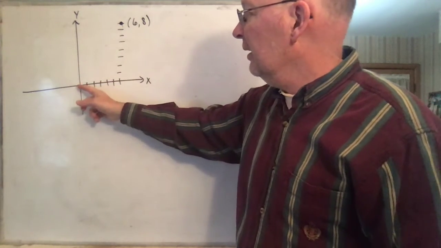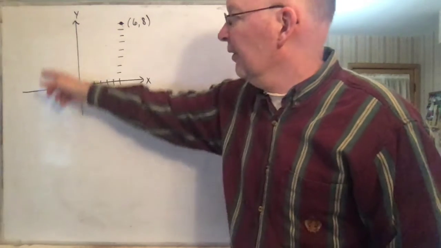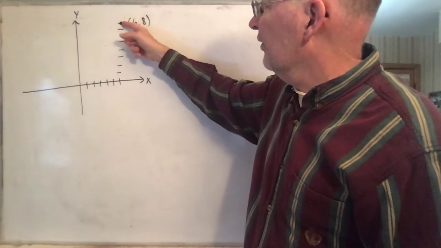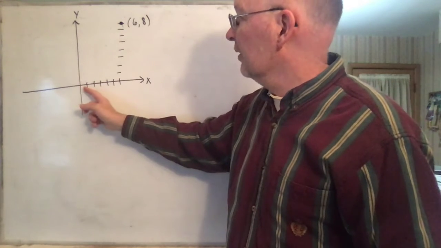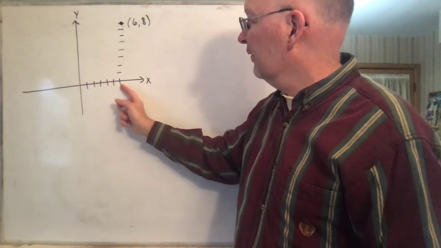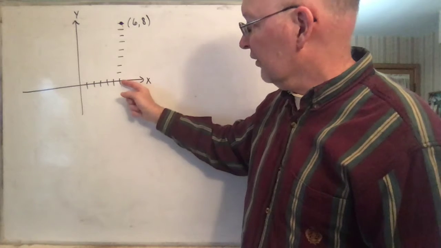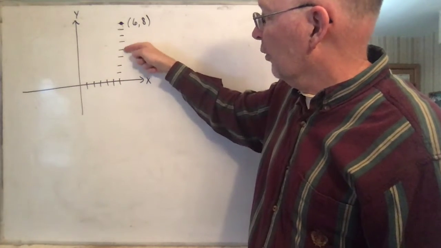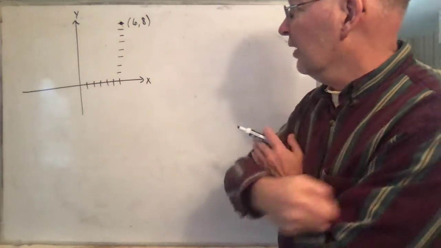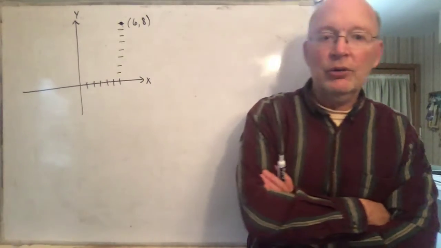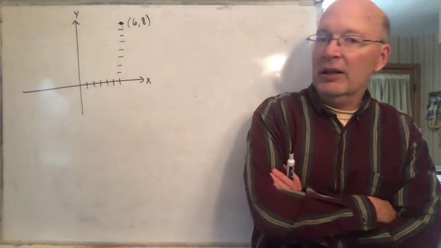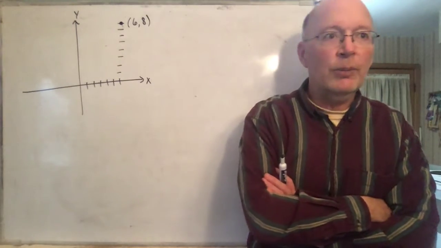If you take any point on the plane, that point has a unique address. Here's a point right there. It's the point (6, 8) because you move 1, 2, 3, 4, 5, 6 units in the positive x direction, and then 1, 2, 3, 4, 5, 6, 7, 8 units up in the positive y direction. So every point has a unique address, and every address corresponds to a unique point.